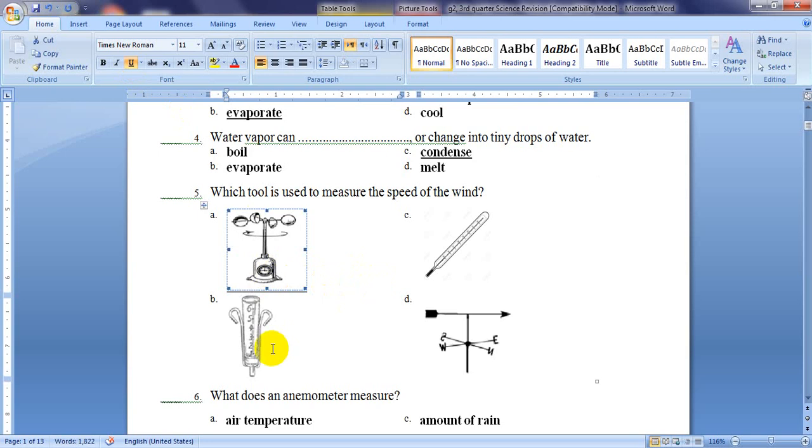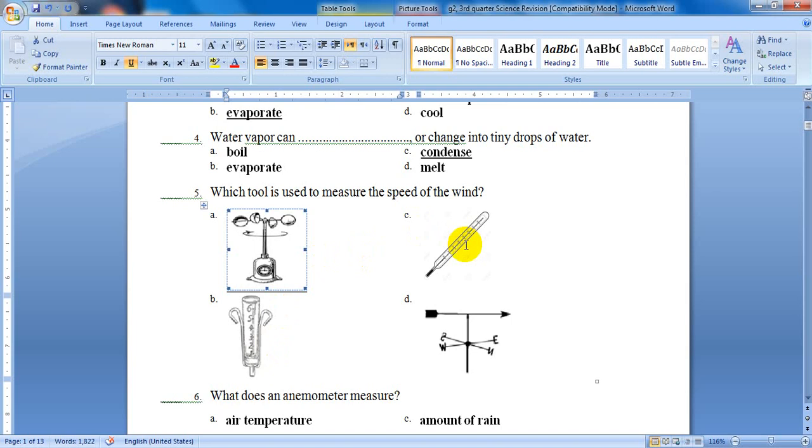What about a rain gauge? Why did we use a rain gauge? We said that a rain gauge is a tool which is used to measure precipitation, anything that falls from the sky: rain, snow, sleet, or even hail. What about a thermometer?